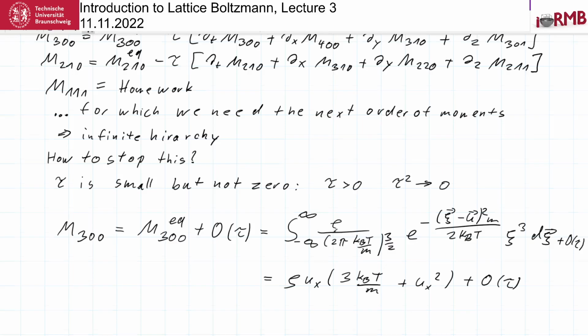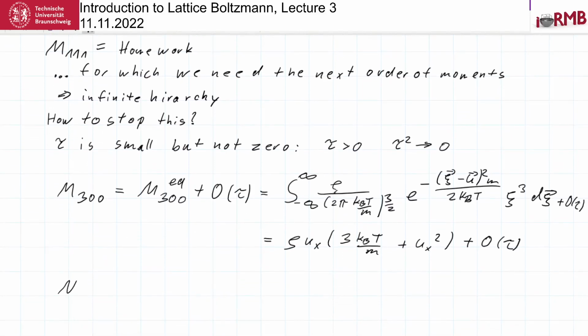Similarly, without writing the details now, for M030, if you take this integral, you will have uy rho (k Boltzmann T divided by m plus ux square). So we notice we get something related to temperature, together with the velocity.